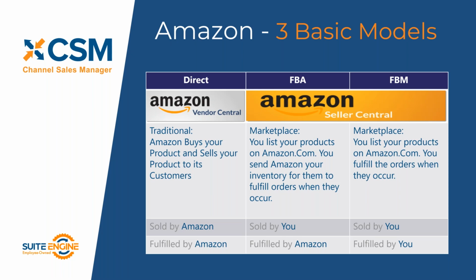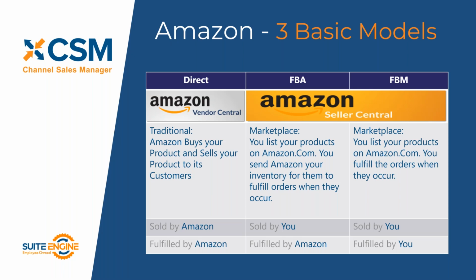When you search on Amazon for a product, on every listing, it'll tell you who it's being sold by and who it's being fulfilled by. So the ones where it's sold by you are the FBA and FBM ways of selling on Amazon.